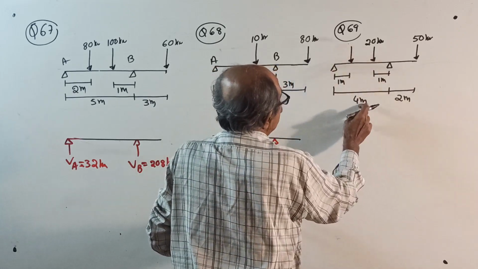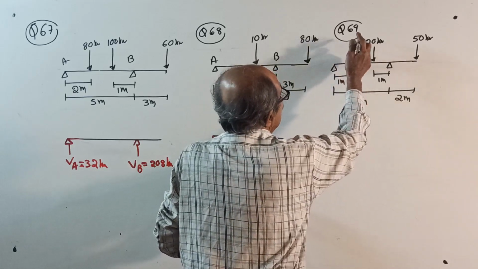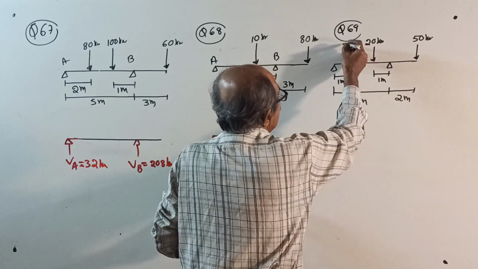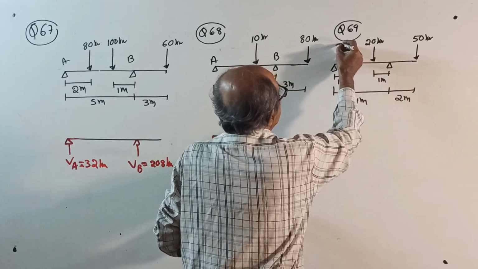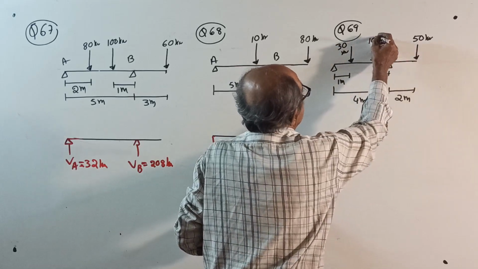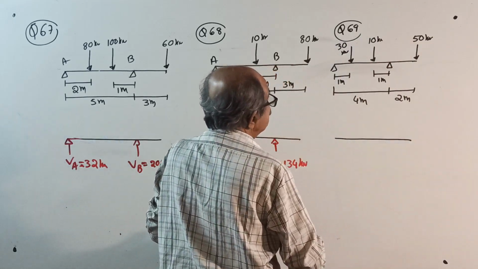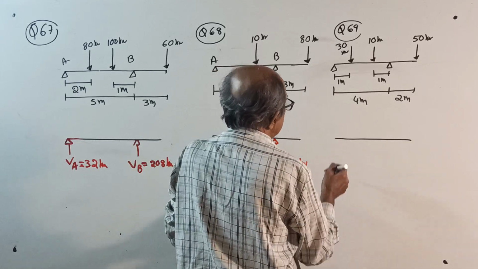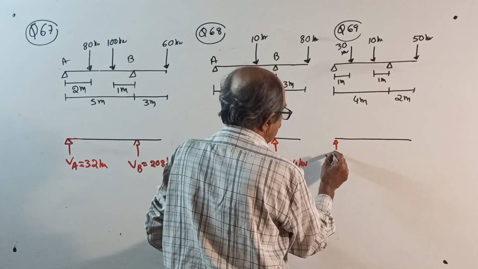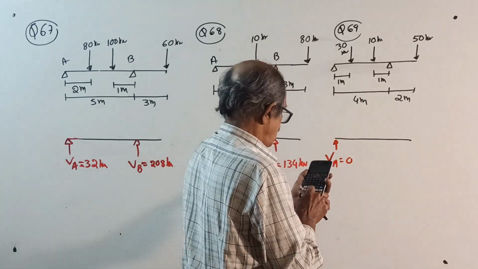This actually is a 4 meter, 3 meter. 3 meter means I will put 30 kilonewton. Okay, there is some reason. 10 kilonewton. This question is set so that your VA will come 0. I set the question. Okay, check it.